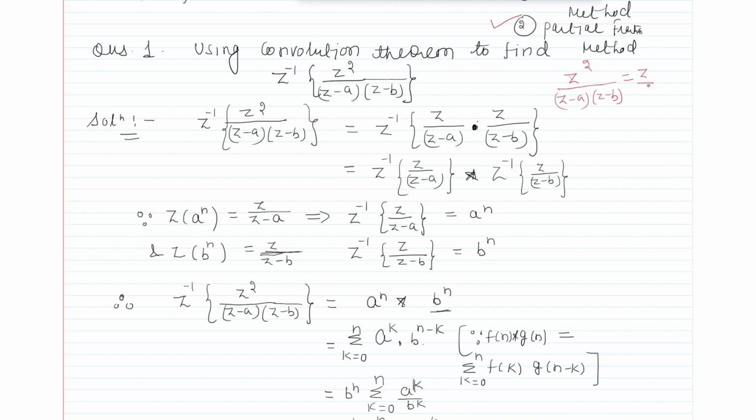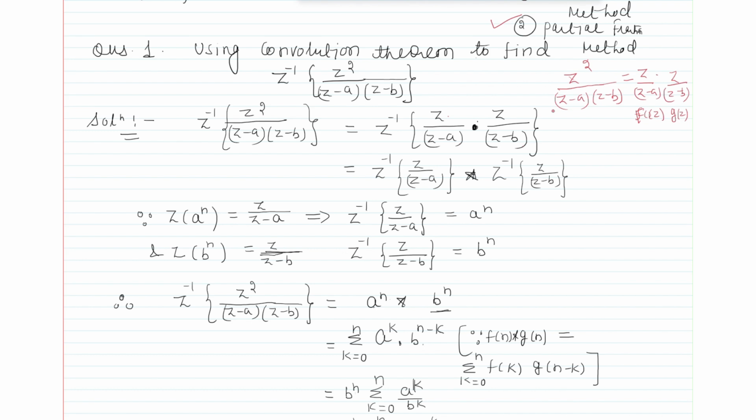We can write z upon z minus a, and again we can split z upon z minus b. So we can say this is F(z), and this we can assume is G(z). So we can write it like this: Z inverse of z squared upon (z minus a)(z minus b). We can write it as z upon z minus a into z upon z minus b.